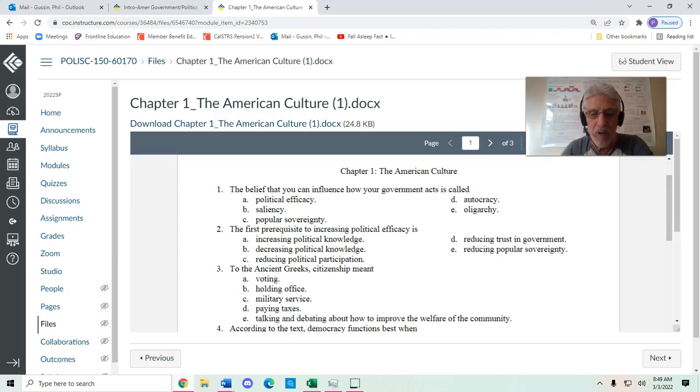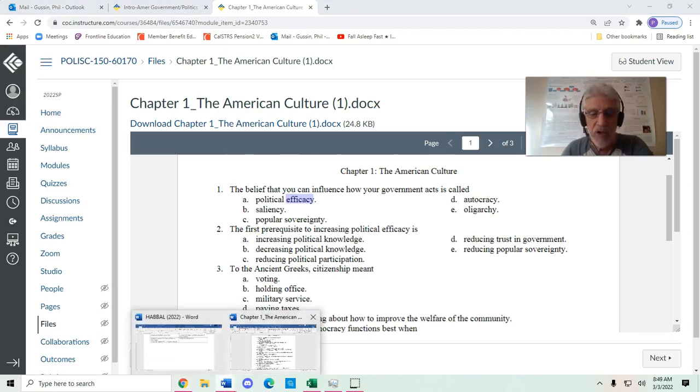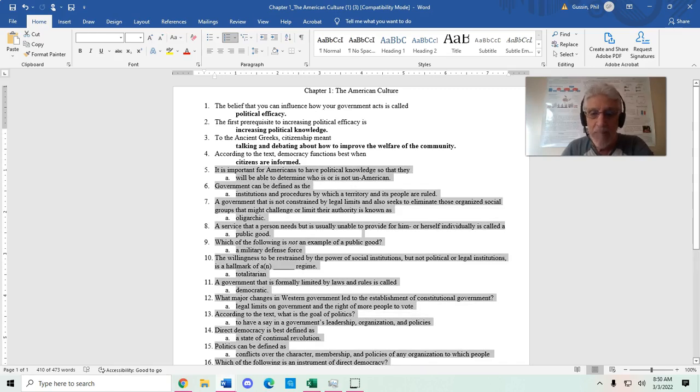It says the belief that you can influence how your government acts is called, and there are these options. The correct answer is political efficacy. So what this student would do is she would highlight political efficacy, and then she would delete all of the other answers. Why keep looking at a wrong answer?